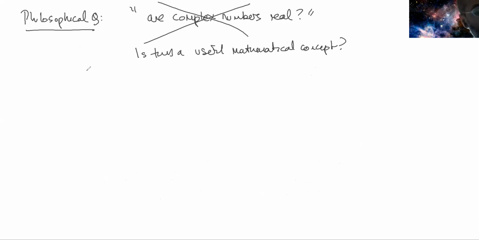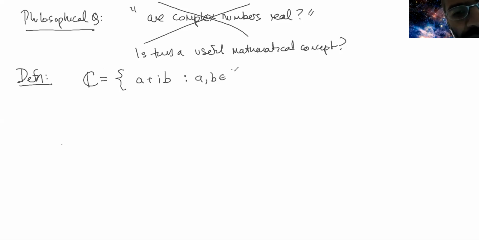So let me now just say what complex numbers are. They form a set of numbers of type a plus ib, where a and b are real numbers. And this contains the real numbers: in particular, if b is 0, you get all the real numbers.